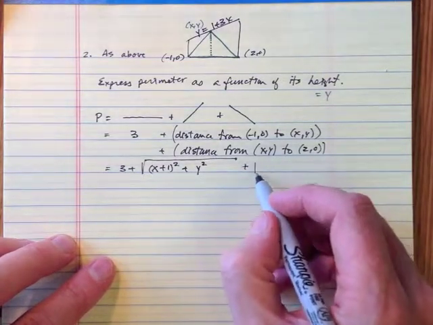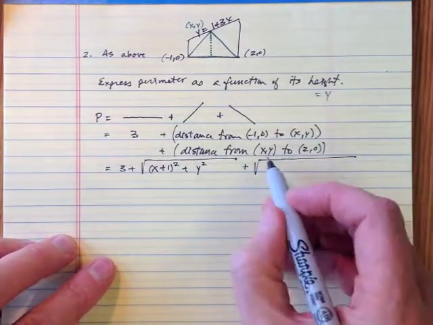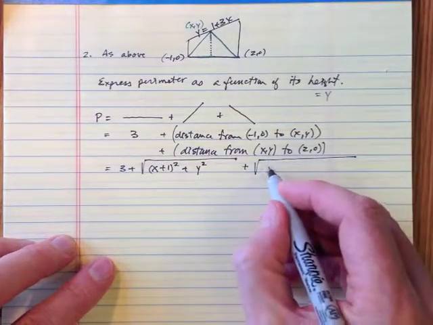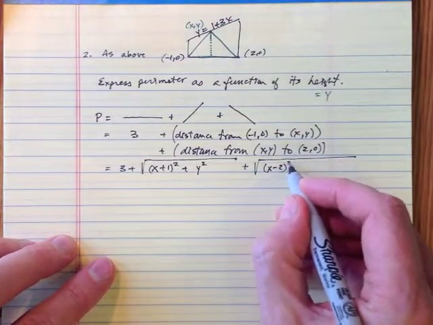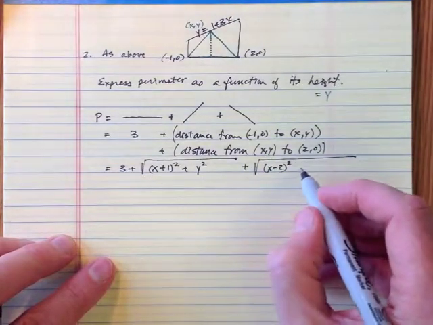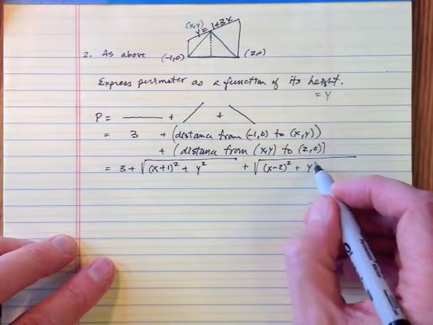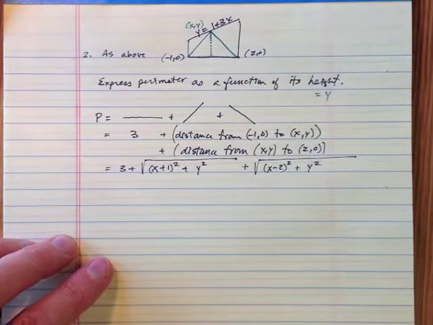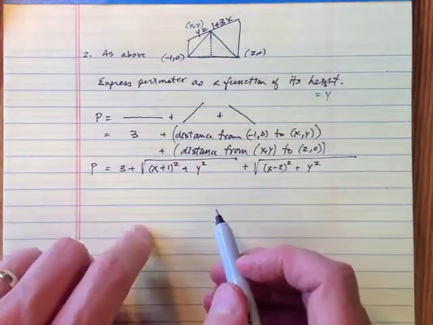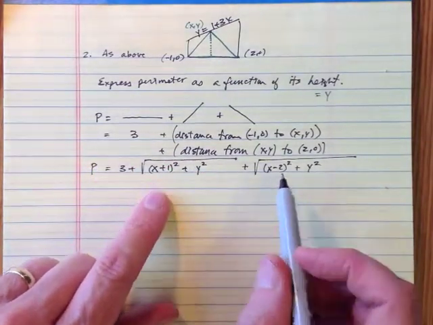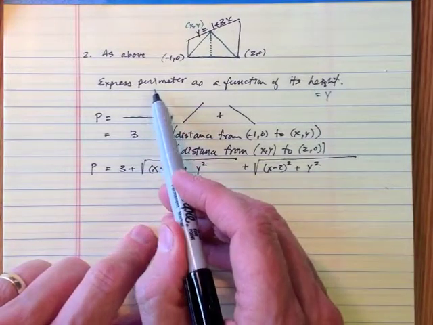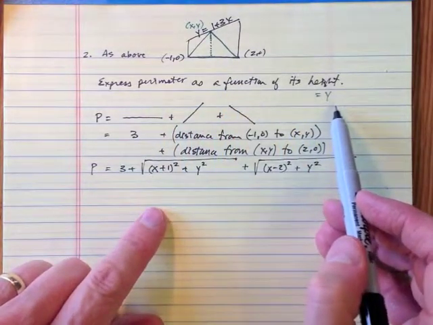And then plus the distance from that to that: the square root of x minus 2 squared, plus y minus 0 squared. Okay, so there's the perimeter. But it's expressed in terms of x and y. I'm told to express it entirely in terms of y.